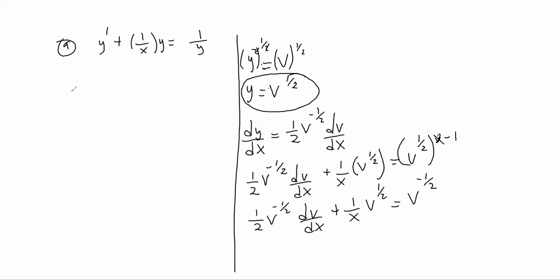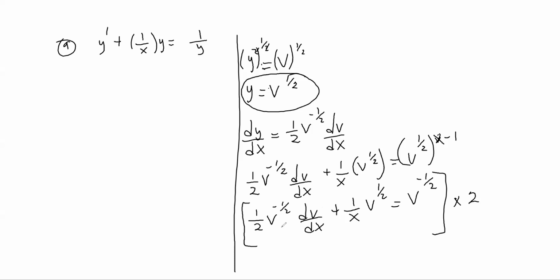Okay, so now you can see that I have this term. What I want to do is multiply here in a way that I will only have dv by dx. So I have half, so I'm going to multiply by 2, because 2 times this 2 can cancel.